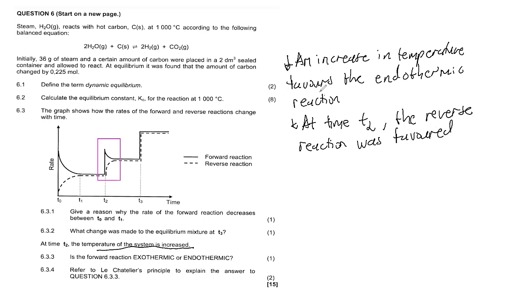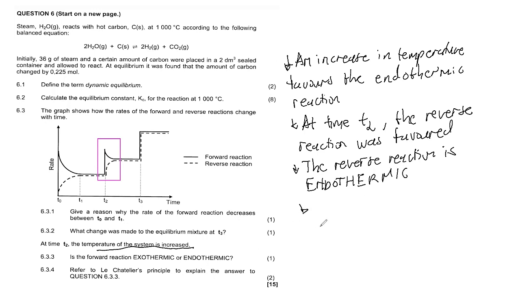Now note this. If we are saying an increase in temperature favors the endothermic reaction, and then we find that at T2, the reverse reaction was favored, then this means the reverse reaction is endothermic. But then remember, they did not ask us about the reverse reaction. They asked us about the forward reaction.